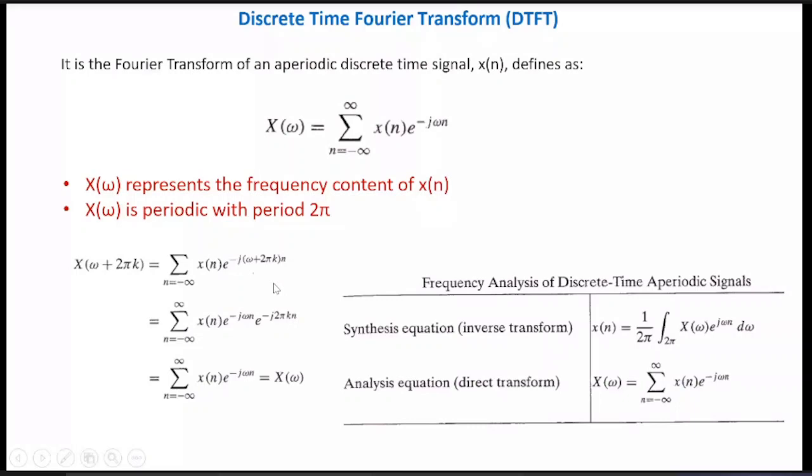We take e to the power minus j omega n and e to the power minus j 2 pi k n, and e to the power minus j 2 pi k n is actually what? Cos of 2 pi k n plus sine of 2 pi k n.